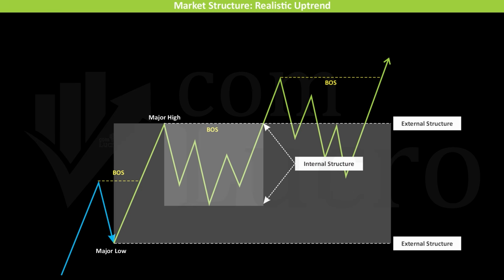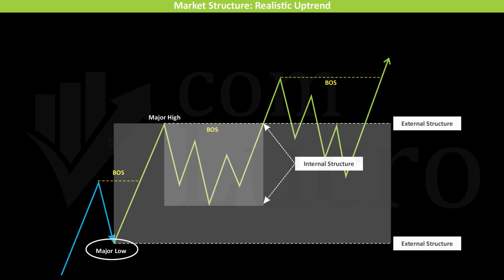On the other hand, if the price drops below the major low, this should be interpreted as a signal of a trend reversal. The internal price actions within these external structures are secondary, provided the price stays above the most recent major low. Maintaining this condition signals that the market remains in a bullish phase.